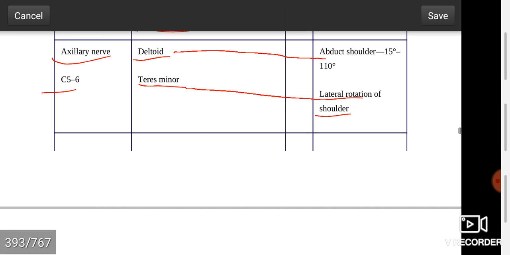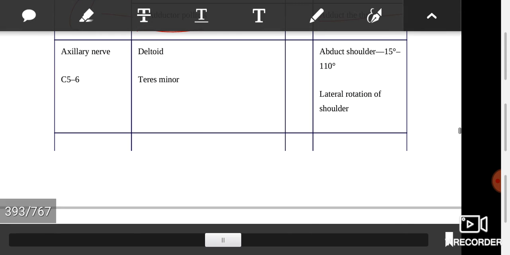The deltoid is abducting the shoulder 15 up to 110 degrees, but we have one other muscle by the name of supraspinatus, which abducts the shoulder between 0 and 15 degrees. Beyond 15 degrees is the work of the deltoid muscle.